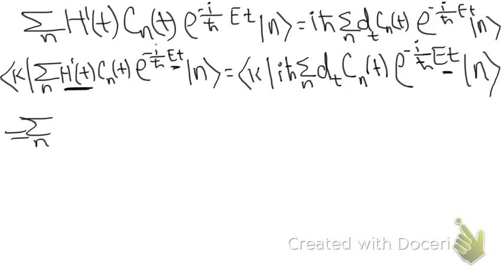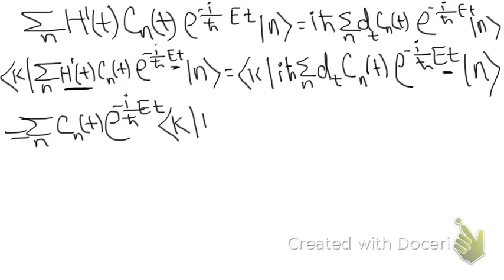I can take this outside. I can take C_n outside as a function of time. I can take my exponential outside, iota over h bar E_n t, right? And I'll have now my ⟨k| H'(t) or H_1(t), that is the perturbed Hamiltonian that depends on time, and I'll have my state |n⟩ over here, just like that, right?